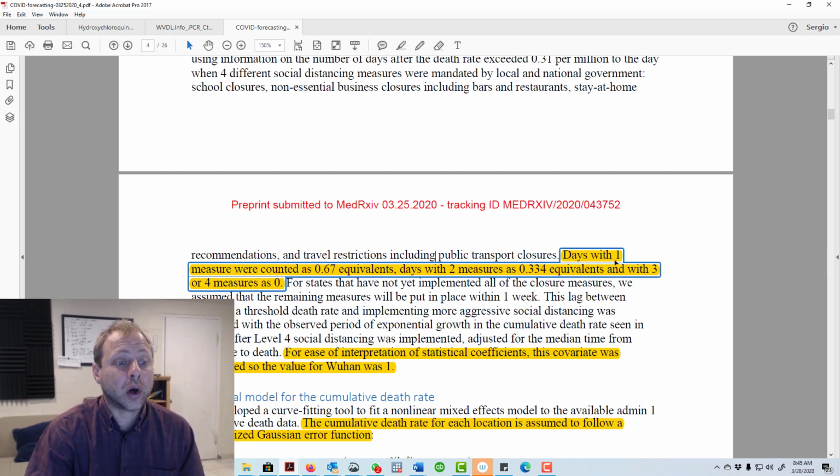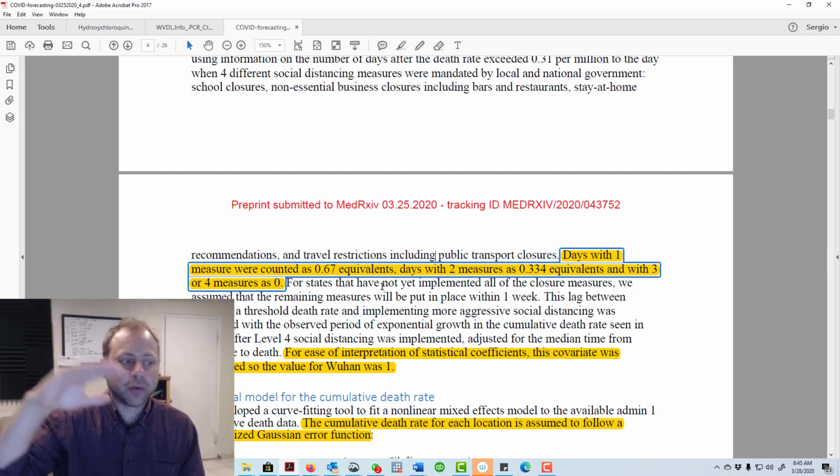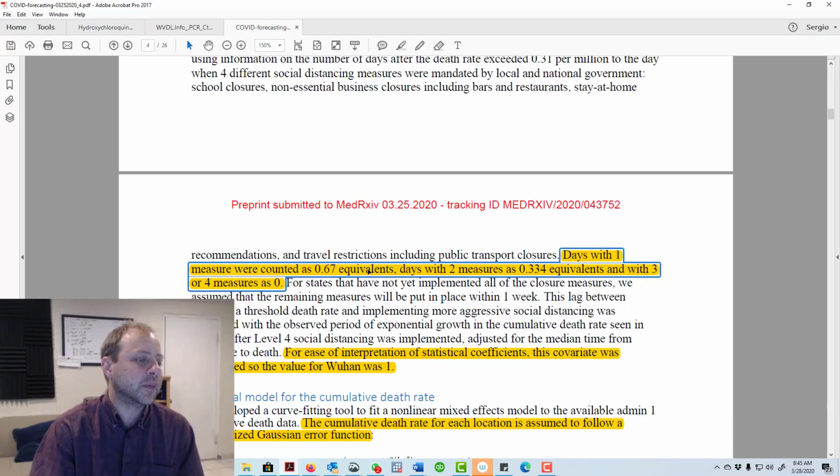Just for the record, Wuhan is used as 1 because ostensibly at the beginning of the Wuhan there was no social distancing, and so we are modeling the Wuhan number with the number 1. And then if measures are implemented, the growth rate actually gets decreased, which ostensibly is why all 4 measures are counted as 0. It doesn't mean that the growth rate for those with 4 doesn't grow. It means that the growth rate stays the same.